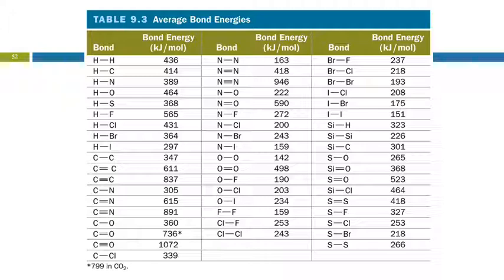We have a carbon-oxygen double bond, but that's in CO2, so we're going to use the 799. I think that was all of them. And those units are kilojoules per mole.